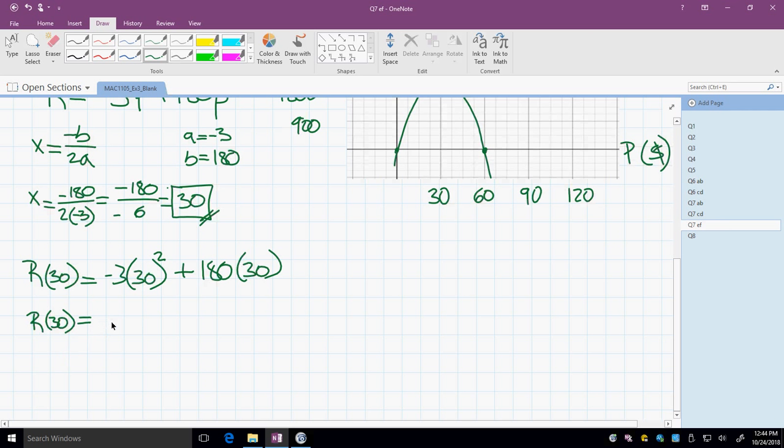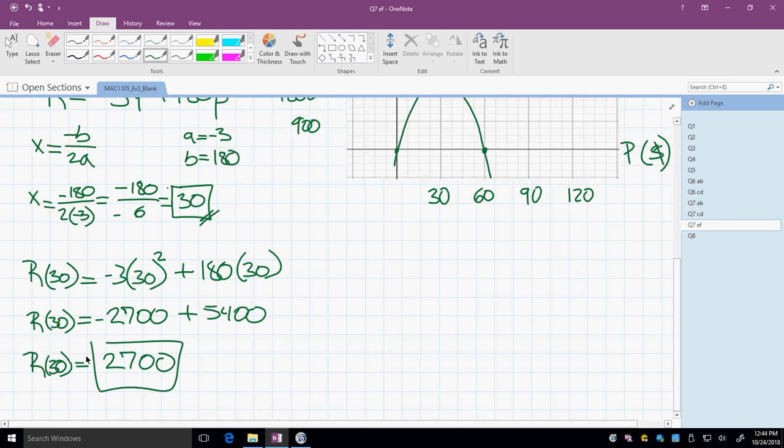So that's 30 times 30 times negative 3, which gives me negative 2700, plus 5400. That gives me that the revenue at 30 is 2700. So this is going to be the work.